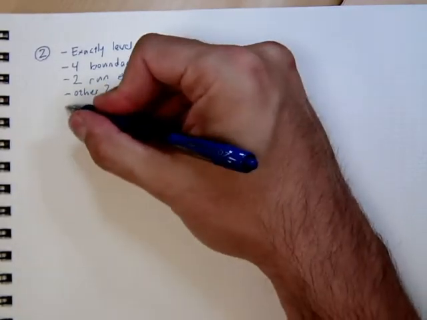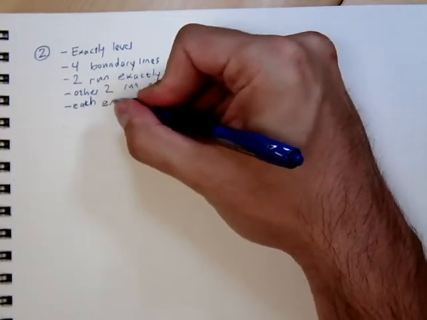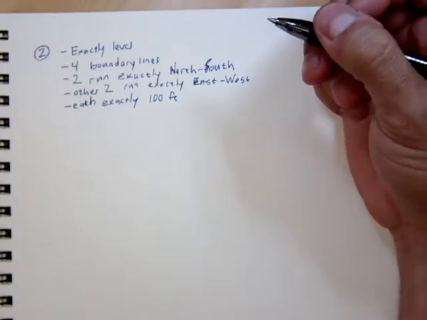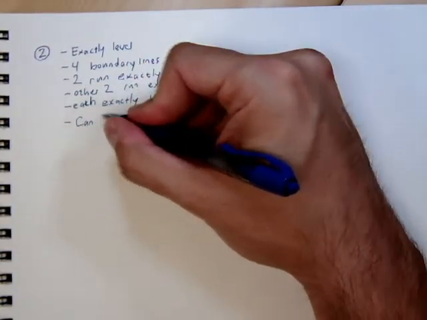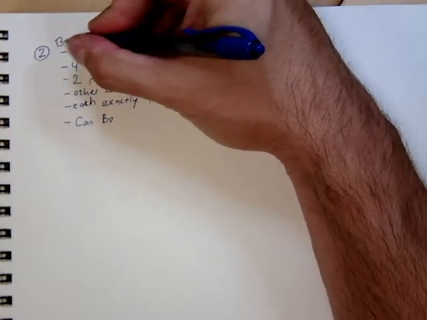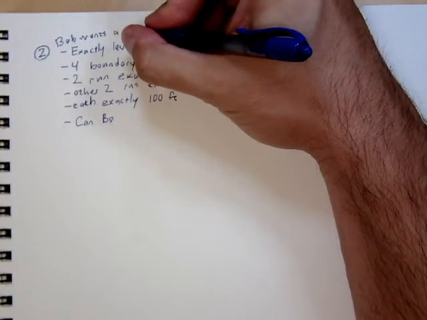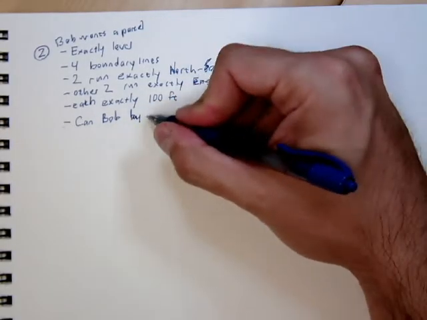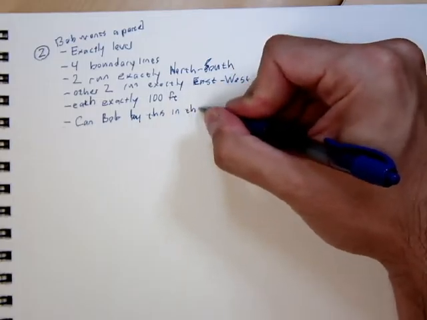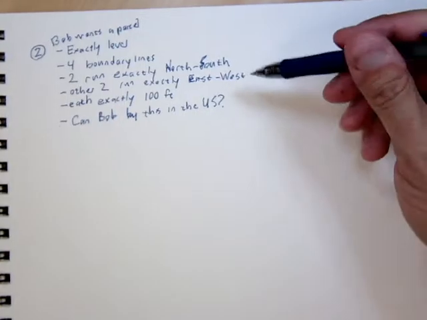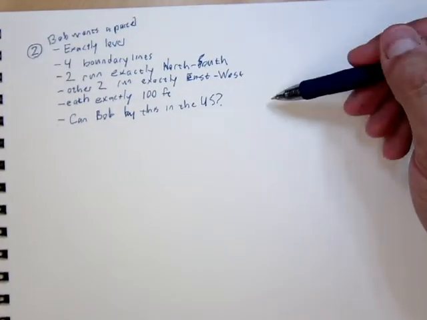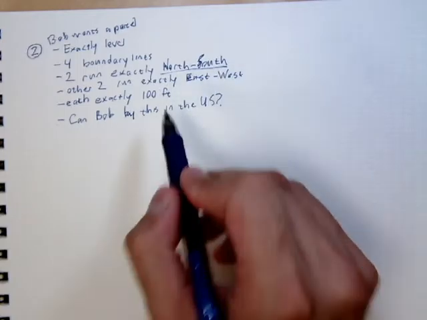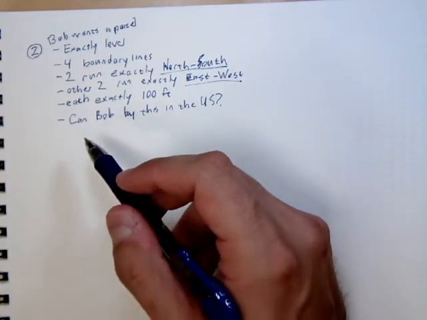Each measures exactly 100 feet. Can Bob, so Bob wants a parcel, can Bob buy this in the U.S.? So I'm not going to do this one, but I think there's an obvious picture to draw, and I think maybe choosing the right picture might be important for this problem.